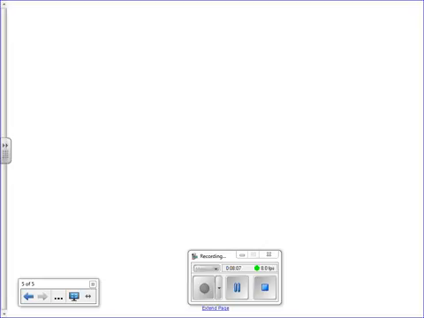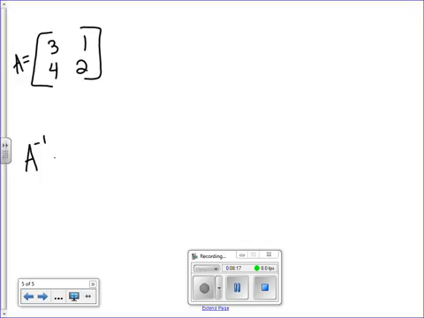So let's say we want the inverse of that. If this is A, find the inverse. Alright, so we're going to start with 1 over what? 3 times 2. Right, 3 times 2, which is 6, minus 4 times 1.